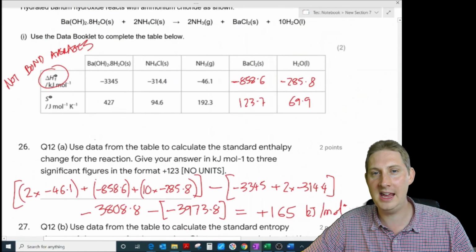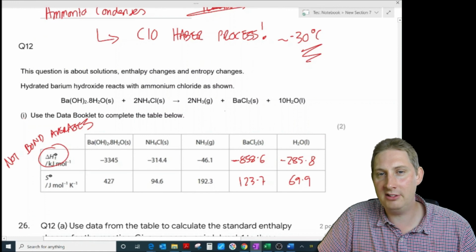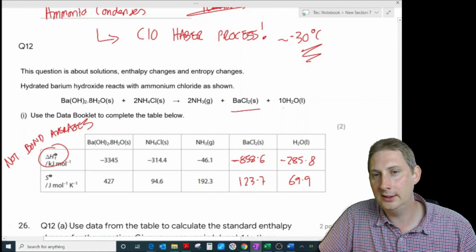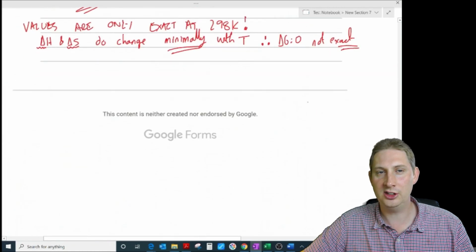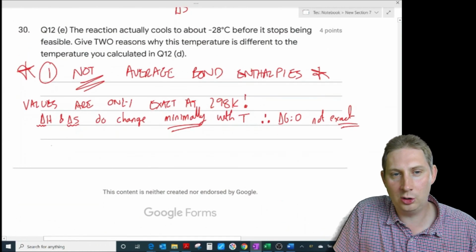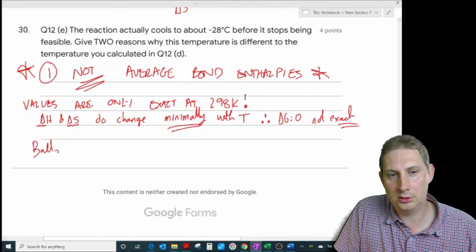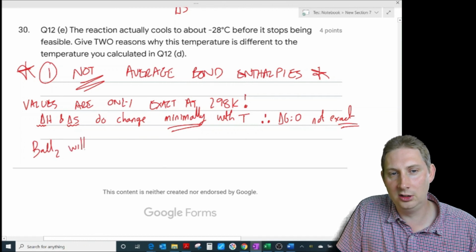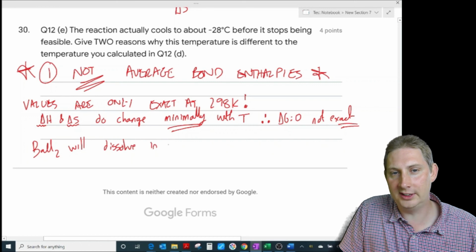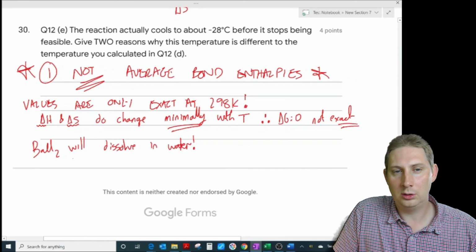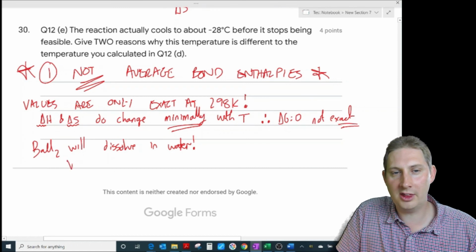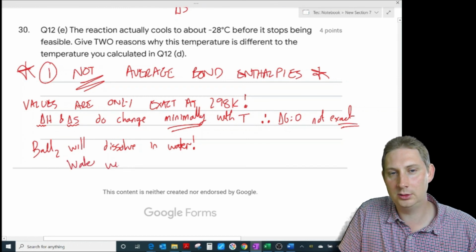What's the other reason? Well, if we look up here, we've got barium chloride solid and H2O liquid. So the barium chloride will dissolve in the water, or you could also talk about the fact that the water will freeze.